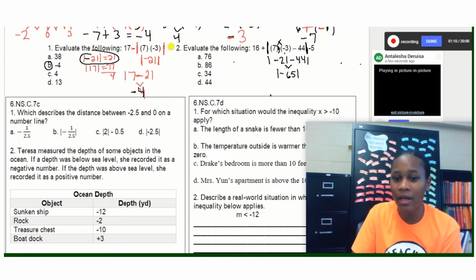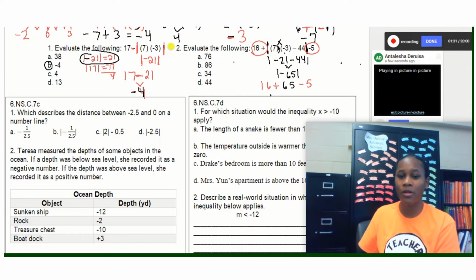And then the absolute value of -65 is just 65 because it's 65 units away from 0. And then I'm going to bring down my minus sign, which came from here, my minus and my 5 because I did not use that. And then I'm going to bring down my +16, which came from here. And then I'm going to move on to the next thing in the order of operations, which is addition and subtraction from left to right.